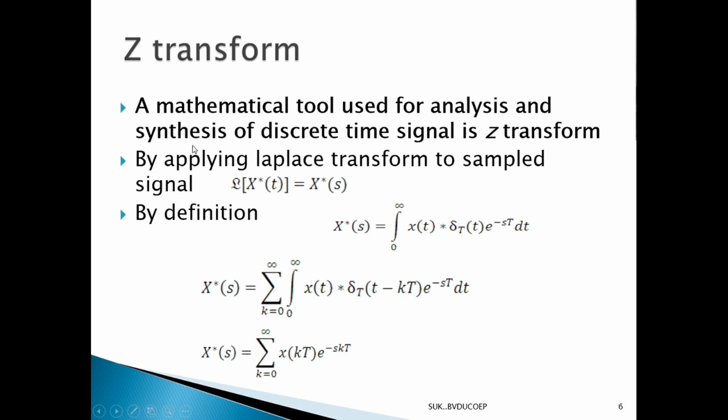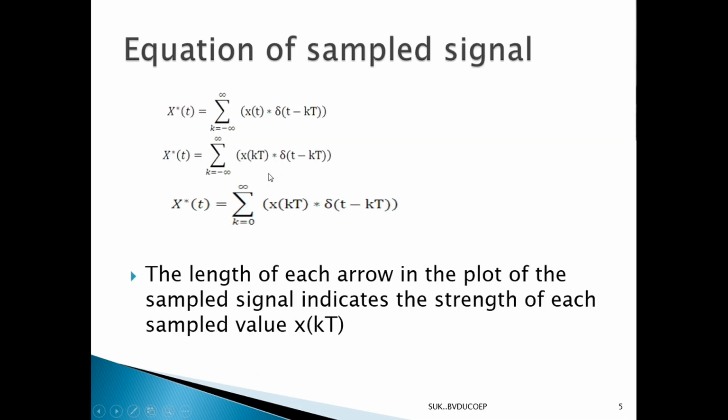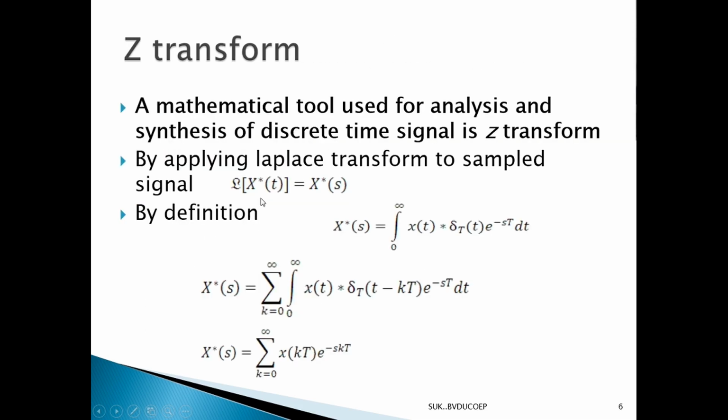So this is x star t, and the Laplace of x star t is x star s. What is the definition of the Laplace transform? It is applied to x star t: x(t) multiplied by delta(t), that is the signal, into e raised to minus st dt, integration from 0 to infinity. Then we apply the summation for x star t and put it into this equation, and it comes out like this.